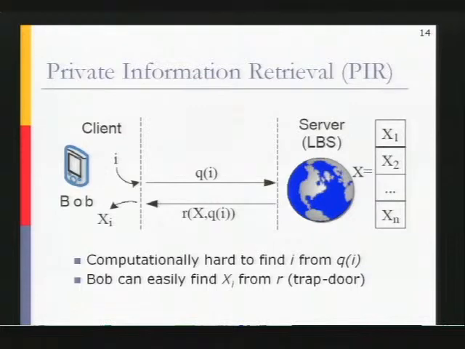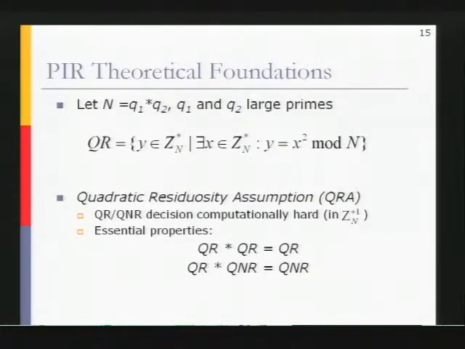It is computationally hard for the server to determine the value of i based on Q(i), right? The server will process the query and return a result R, a function of the entire dataset X and Q(i). Based on this result, Bob can easily find the value of xi, and this is done using the trapdoor function. I will show shortly how.